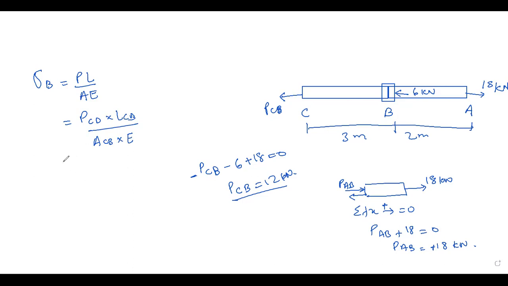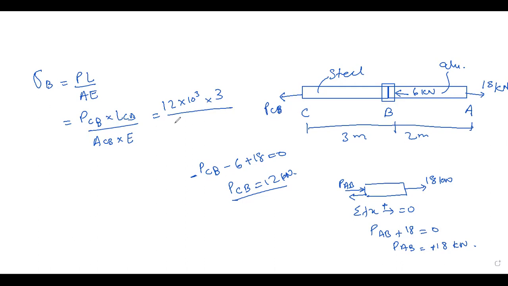Now this bar is steel and this bar is aluminium. This is for member CB. Now what is the value for CB? 12 into 10 raised to the power 3, into length, which is 3 meter, divided by area.